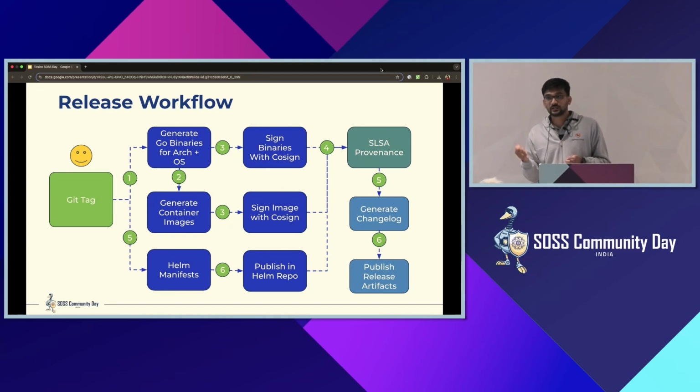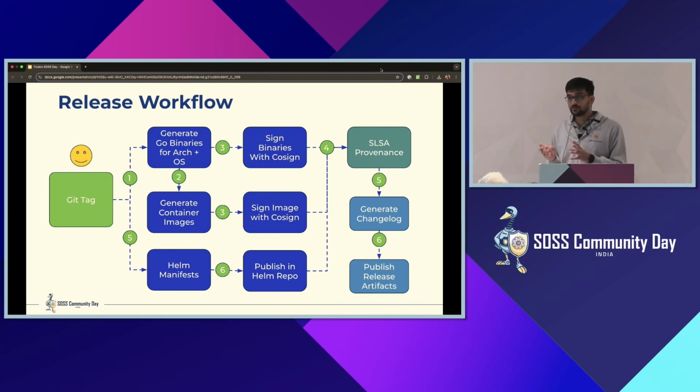Even for container images, we first build all the binaries, and mostly these are cross-platform. That means we have to support different operating systems as well as different architectures. So we build out all those binaries. Then we embed these binaries in container images, on the base images which I mentioned earlier. Then we sign all these images with cosign.